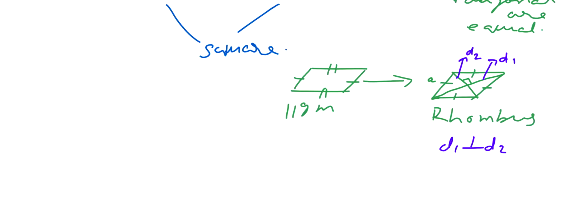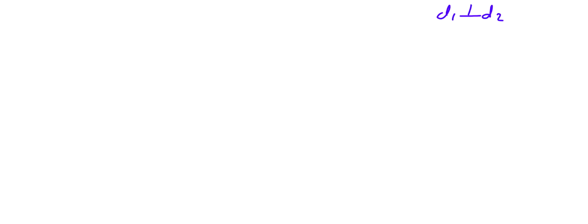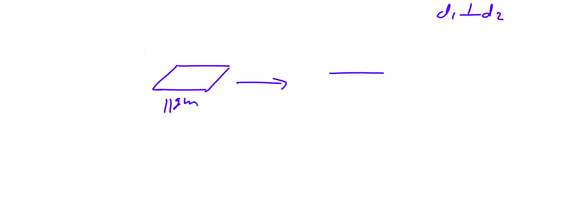Now, come to the point of square. I am making all four figures. This is a parallelogram, and from here I am making this side a rhombus, where all sides are equal.